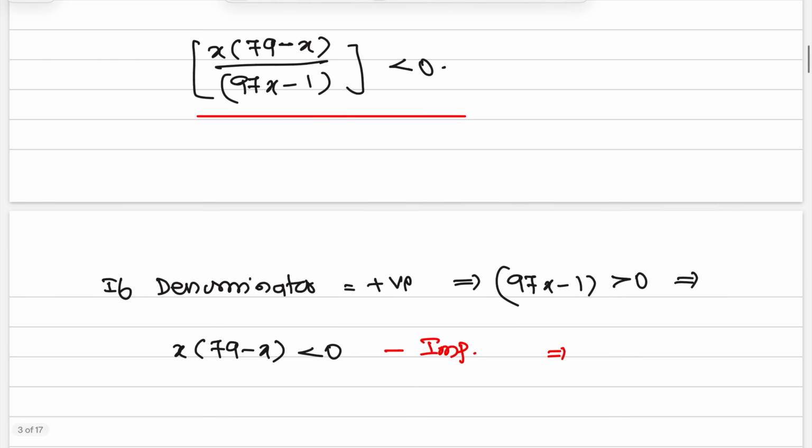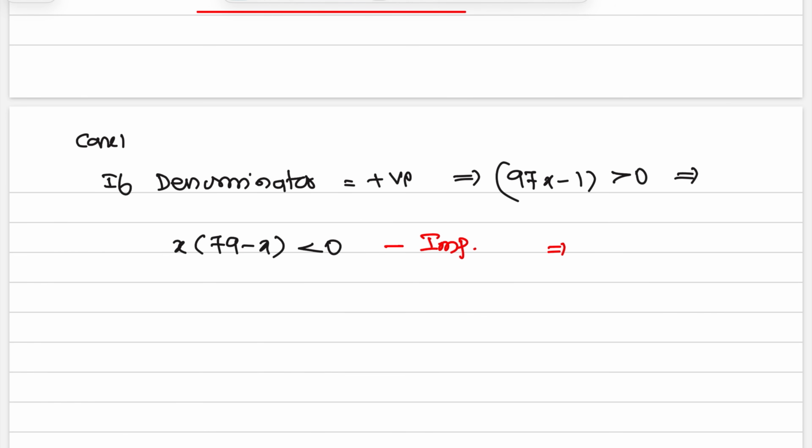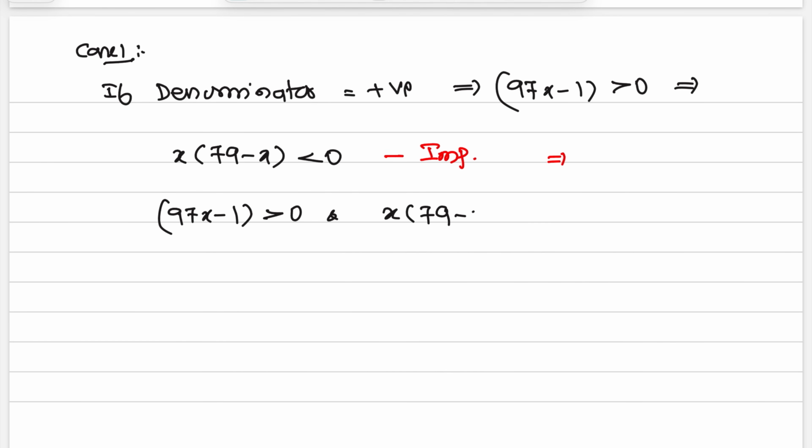This is case 1, let us say. In case 1, the denominator is positive. That implies 97x minus 1 is greater than 0 and x into (79 minus x) is less than 0. That implies 97x is greater than 1 and 79 minus x is less than 0, because x is always greater than 0, which we have assumed.